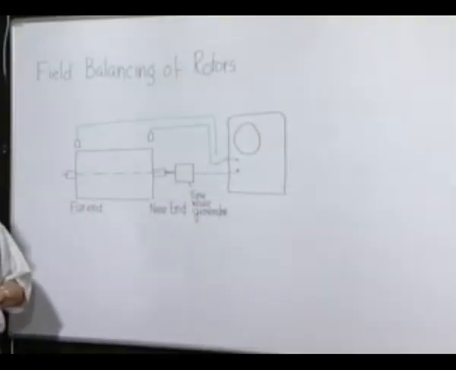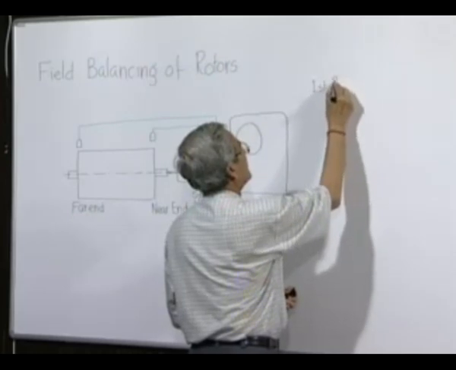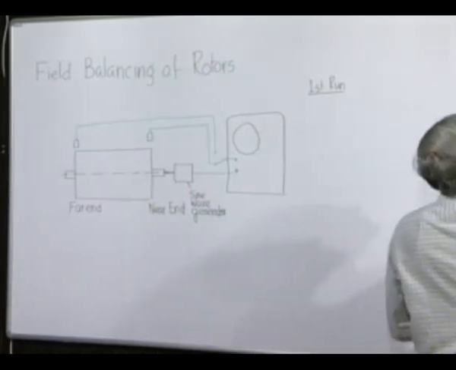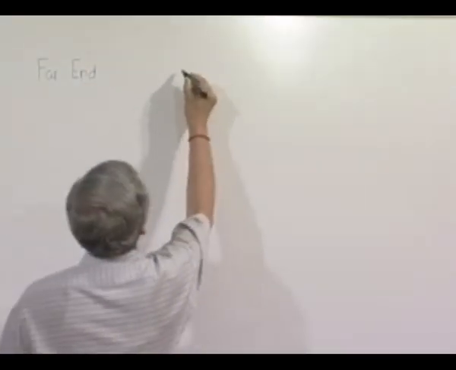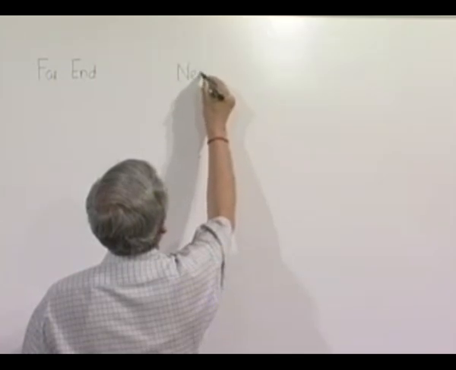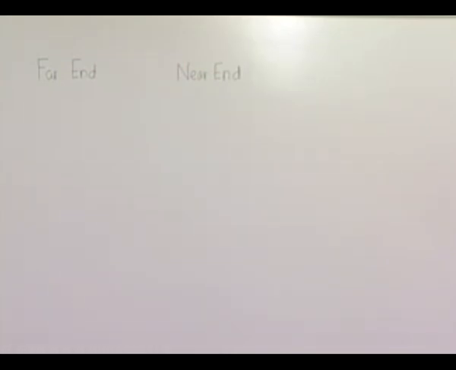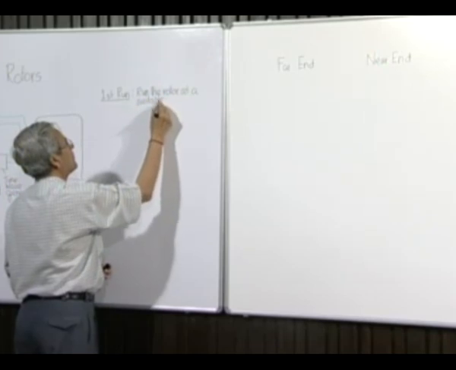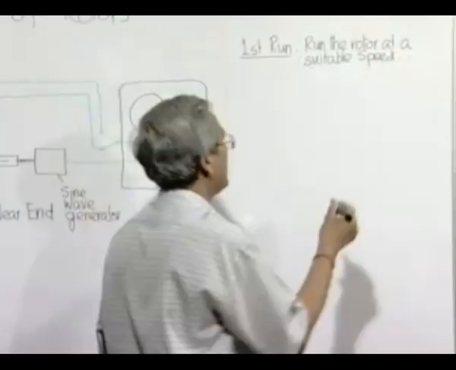So, the first test is first run. The first run is to run the rotor at a suitable speed omega, so that we get measurable vibration.